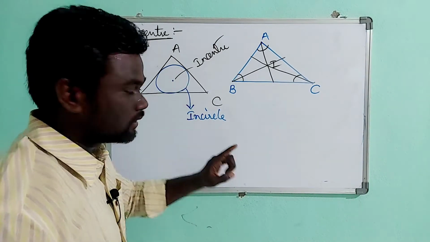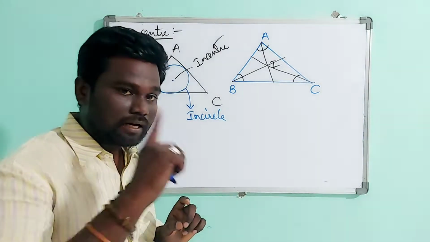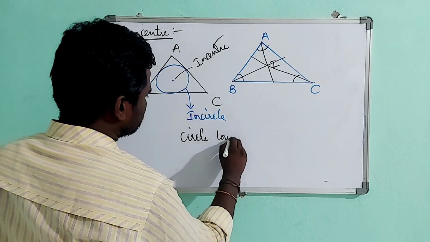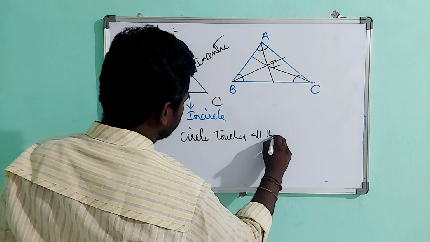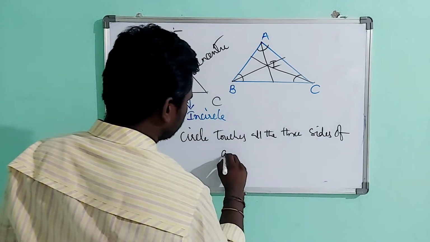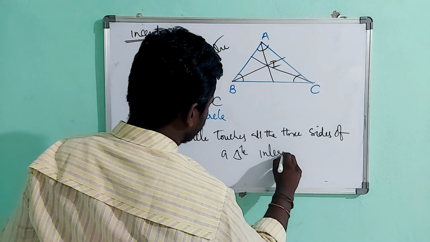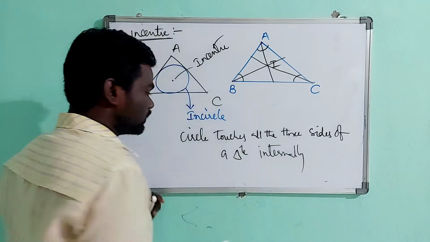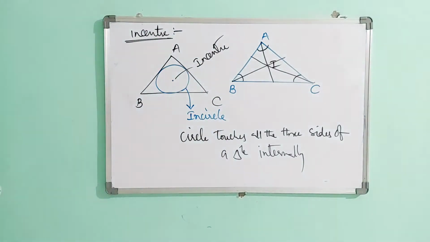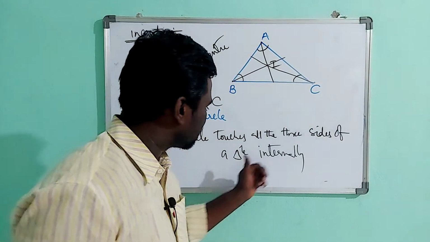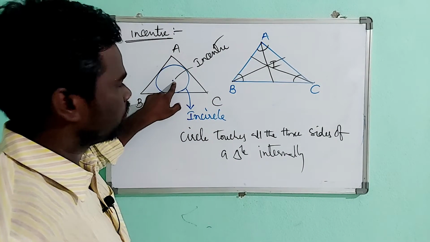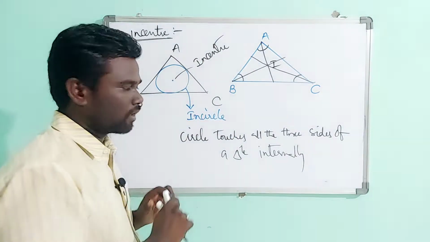The circle which touches all the three sides of a triangle internally, this is a very important thing. Why? Because if it touches externally, there is another definition. So if the circle touches all three sides internally, then this circle is called the Incircle, and its center is called the Incentre.